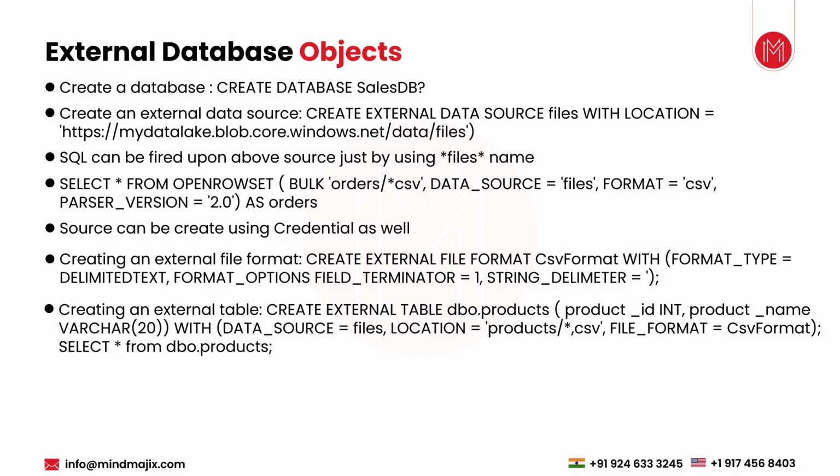So basically what happens when this dbo product gets created, it replicates the data present in the products folder from all the CSV files. It is a file format CSV, which is hyphen delimited. And once the table is created, you can simply query it as if it's a SQL table.